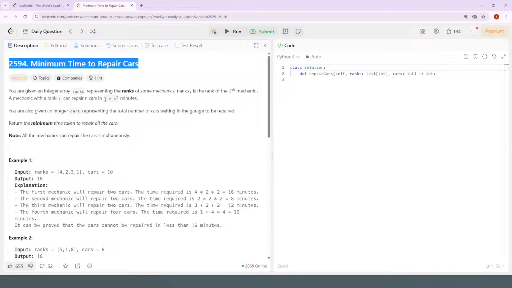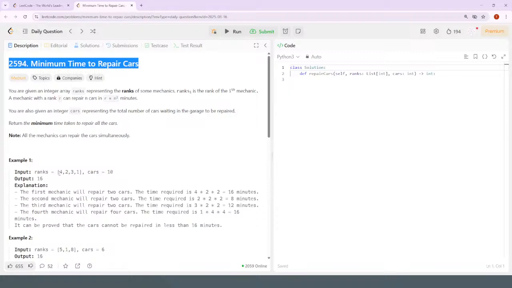You're also given an integer cars representing the total number of cars waiting in the garage to be repaired. Return the minimum time it takes to repair all the cars.